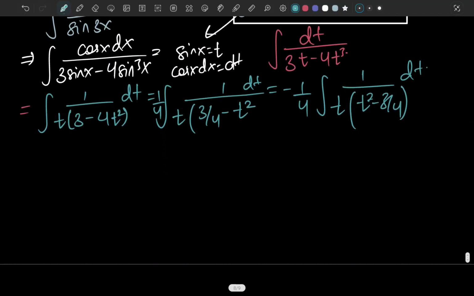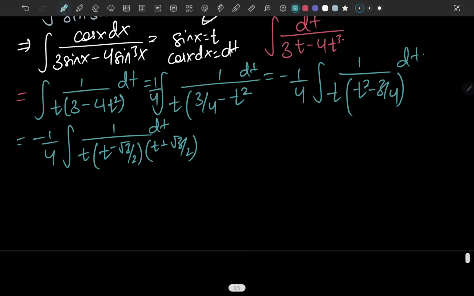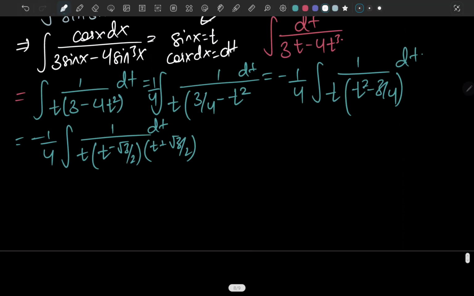It's not difficult, it's just kind of lengthy. So minus 1 over 4 times the integral of 1 over t times t minus square root of 3 over 2 times t plus square root of 3 over 2, that can be factored like this. Okay, so now our lengthy part begins from here.